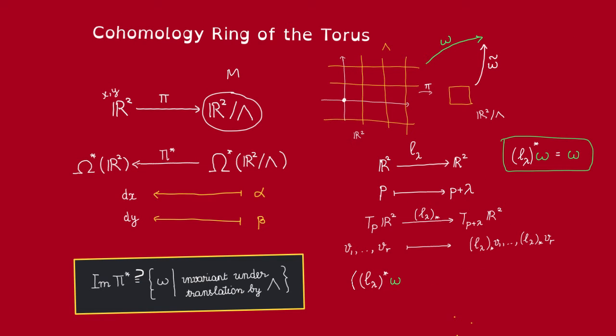Thus, point-wise, we have the following description for the pullback of omega under translation. So if the VI's are tangent vectors in the tangent space at P, then the value of this pullback at VI, by definition, is just going to be the value of omega at the push forward of this VI.